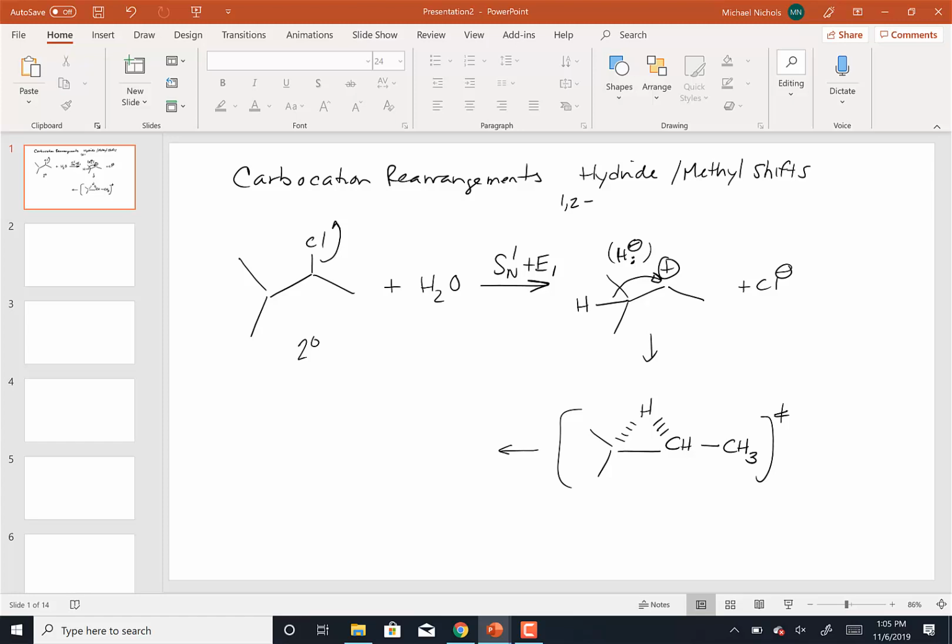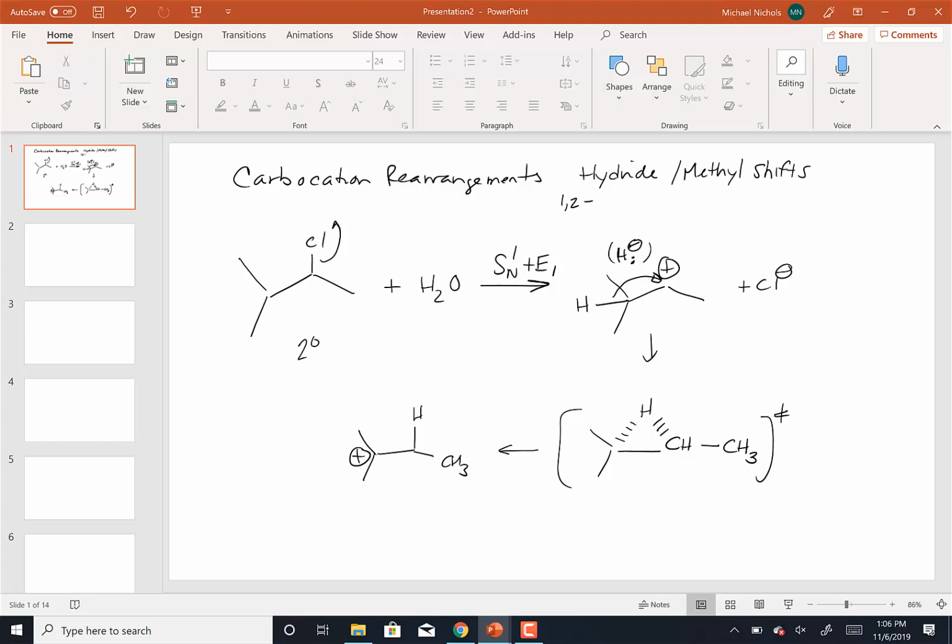So when I'm done moving my hydrogen over there, I'm going to end up with a positive charge on that carbon, because the hydrogen picked up both electrons as it moved. So that's going to leave that carbon with a plus charge. A carbocation rearrangement means that I move the carbocation one position, and it's always opposite in direction to how the hydrogen or methyl group goes.